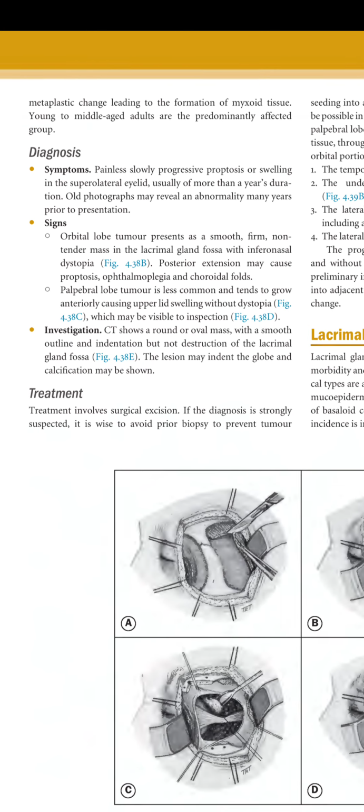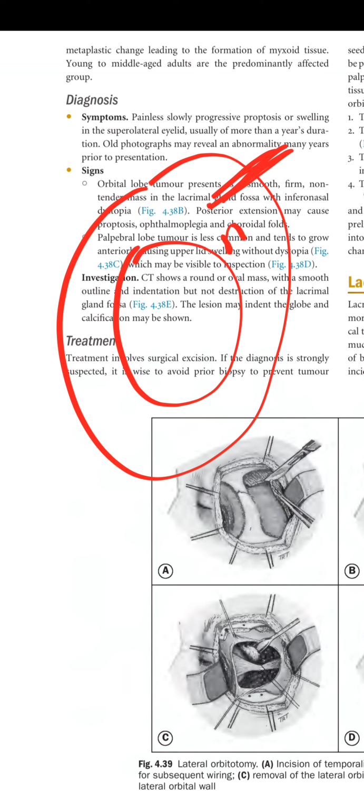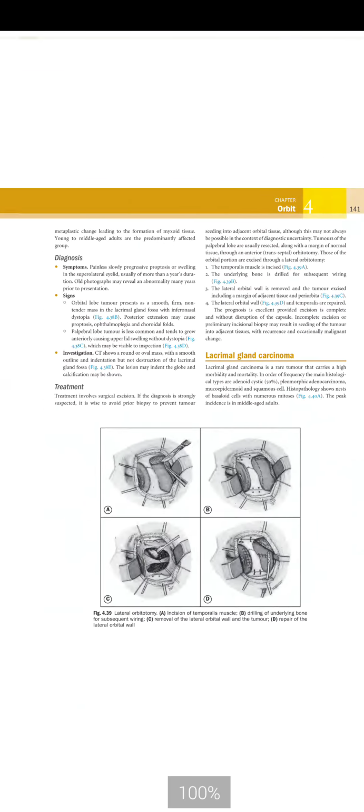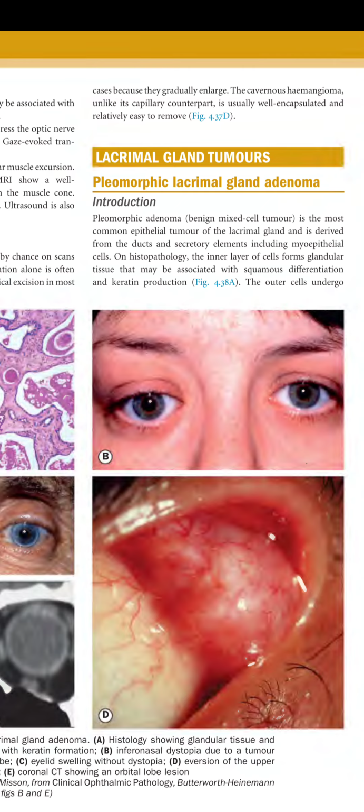So basically we have two layers, the inner layer and the outer cell layer. The outer cell layer is made up of the myxoid tissue, whereas the inner cell layers form the squamous cell differentiation and keratin production.